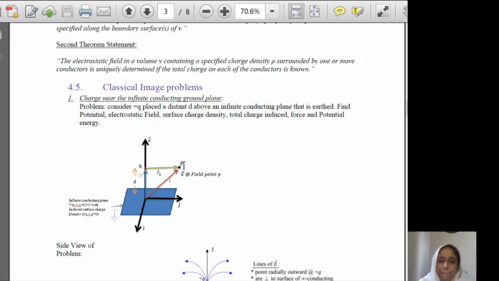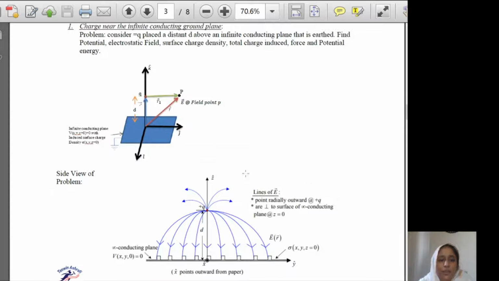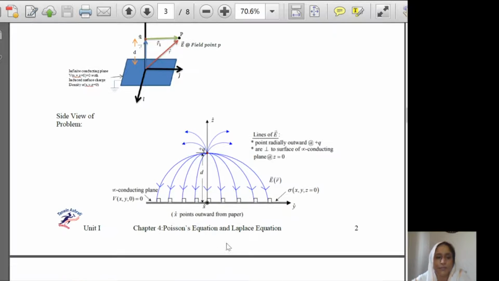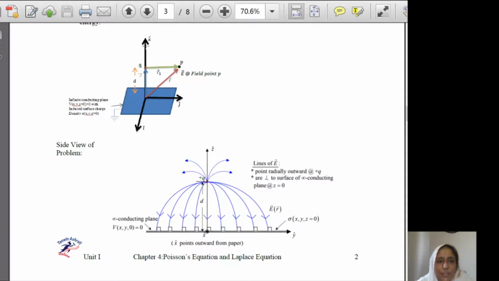at the point P. Now, when we look at it in two dimensions like this, side view, our charge Q is over here, our infinite plane is this xy plane, and this charge is placed here in the z direction.